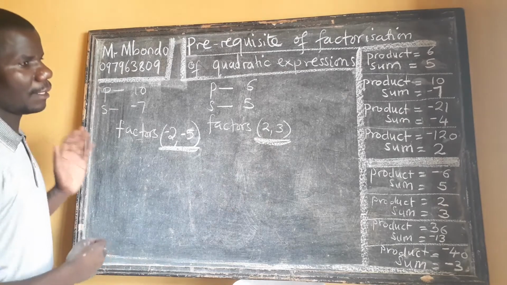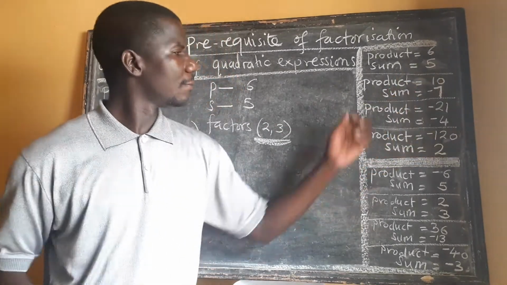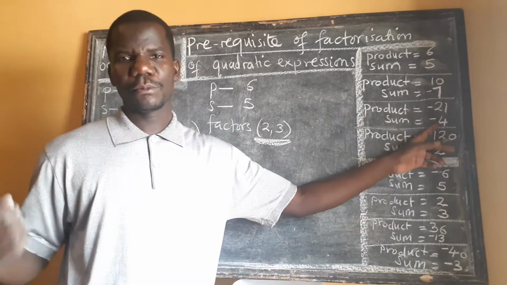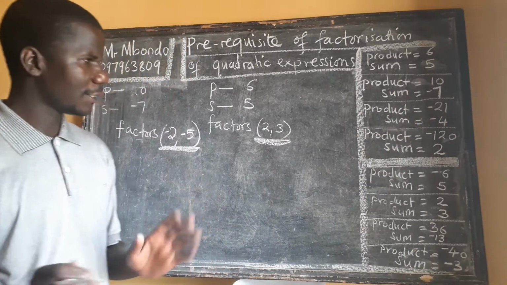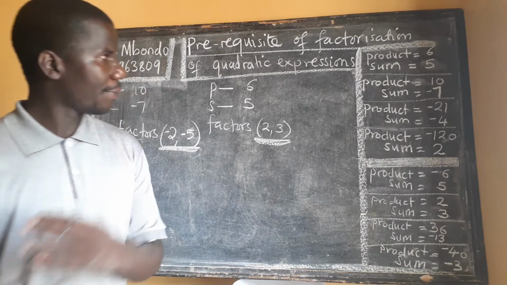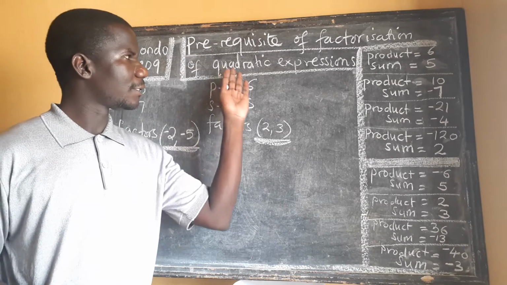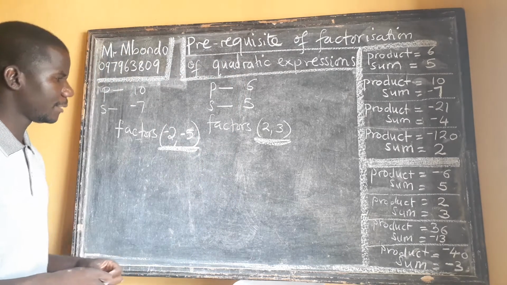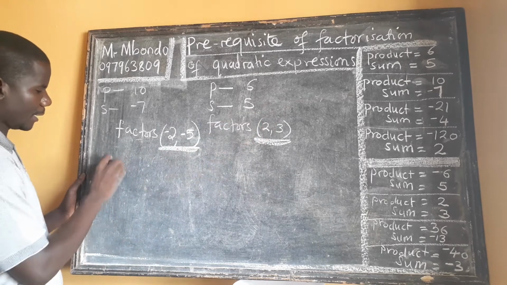Alright, we go to the third one. Our product is negative 21. Our sum is negative 4. What are our factors? That is what we are just doing. We are finding factors just in preparation for factorization of quadratic expressions. Alright? So we look at the product there.